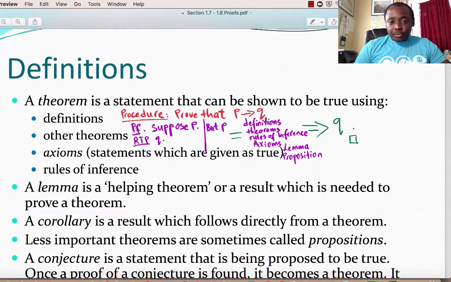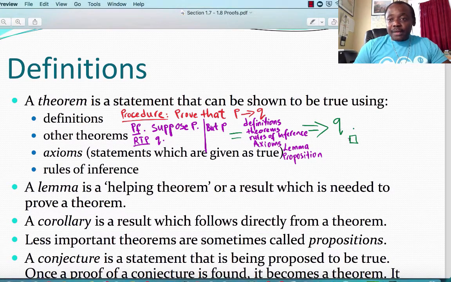So I start off with proof: suppose P is true, required to prove Q. Then I proceed and say, but P is true, what does that mean? Implies. Then I use definitions, theorems, rules of inference, axioms, lemmas, propositions. Whatever it is that I need to use, I put all of those together to prove that P implies Q.